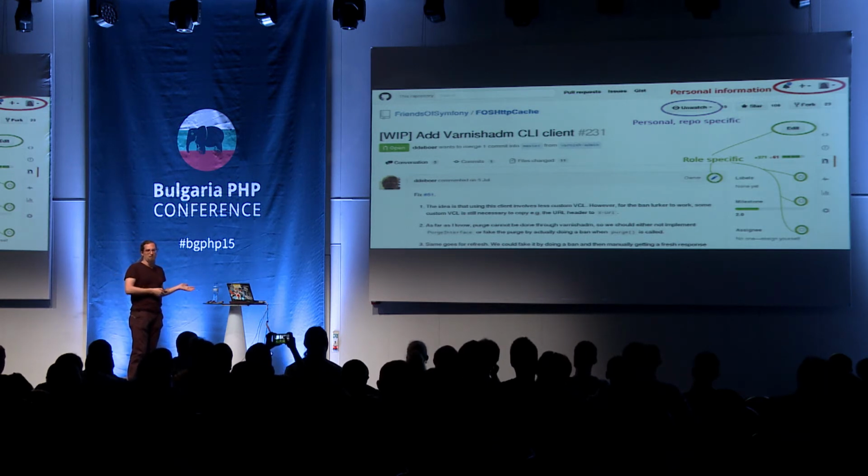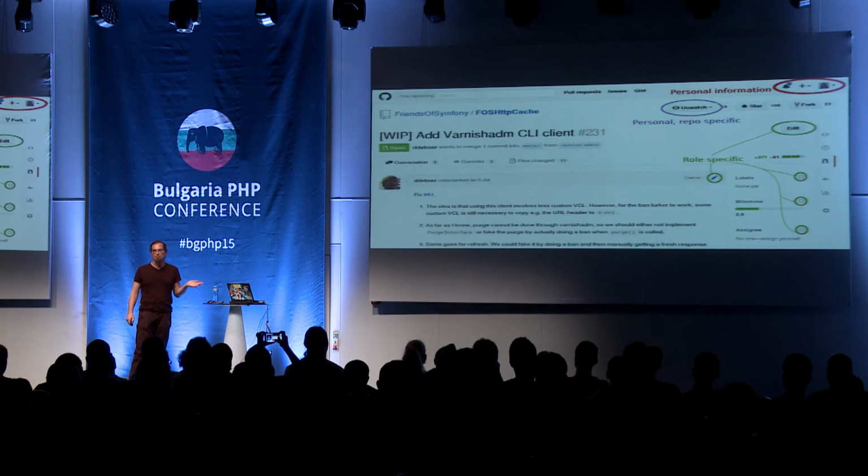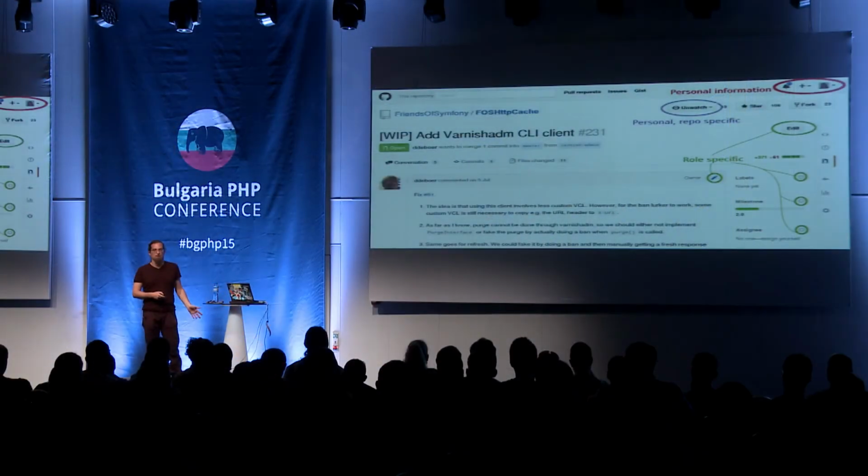Well, in this case, it's public because it's an open source repository, but GitHub also has private repositories. So suddenly, in general, the cache cannot say that this part is public in any case.